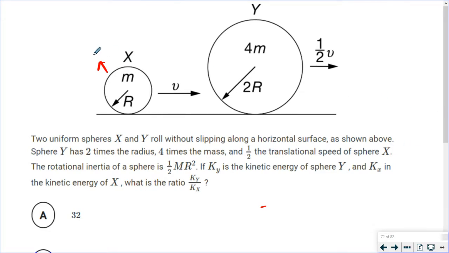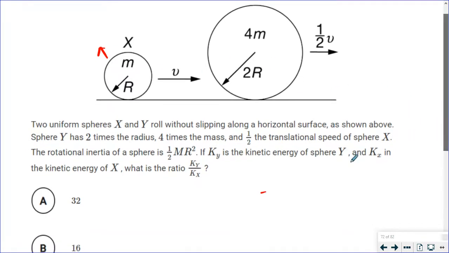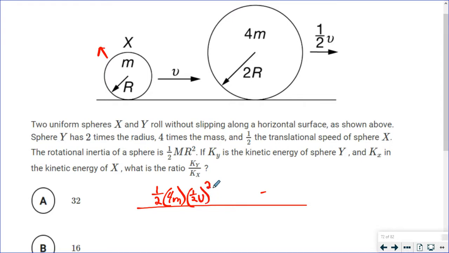I'll write it down below so we can divide them. We'll have Kx on the bottom and Ky on top. So Ky is going to be 1/2 times the mass, which would be 4m, times v squared, and our v is 1/2 of v, so I'm going to do 1/2 v squared.